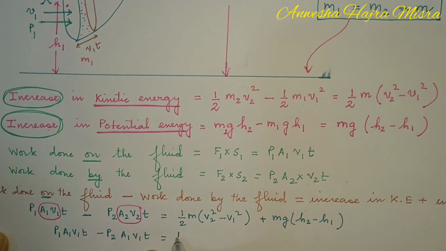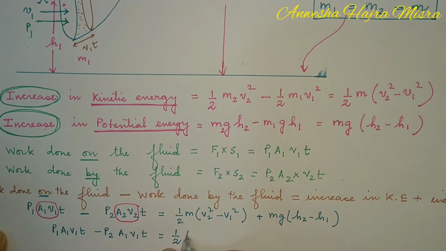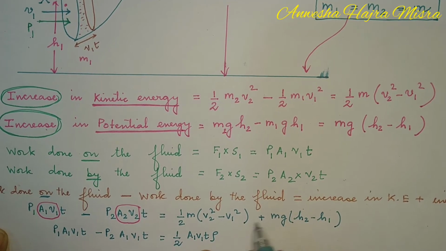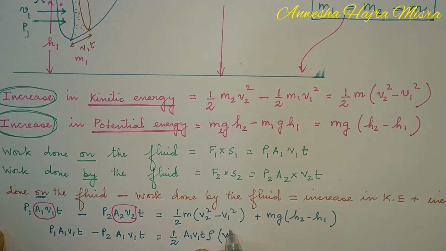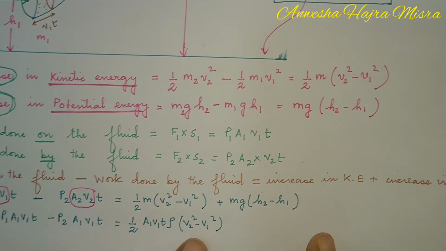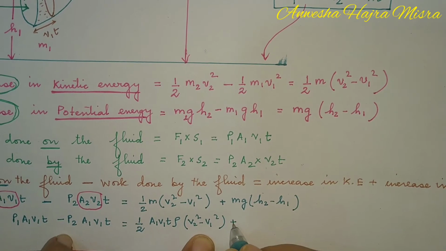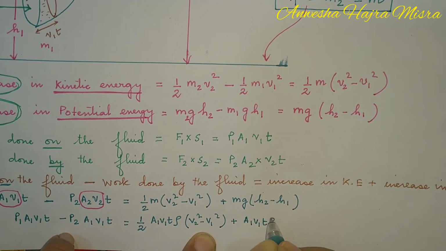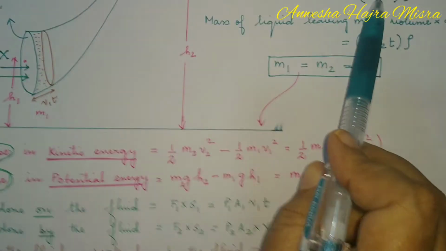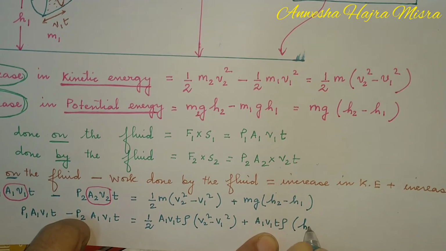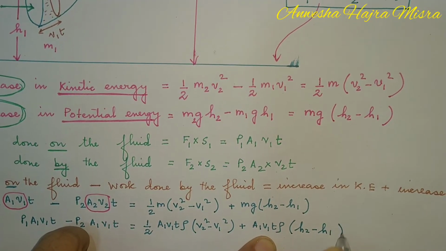Half A1 V1 T rho into V2 square minus V1 square. Again I substitute the value of mass as A1 V1 T rho, into H2 minus H1.